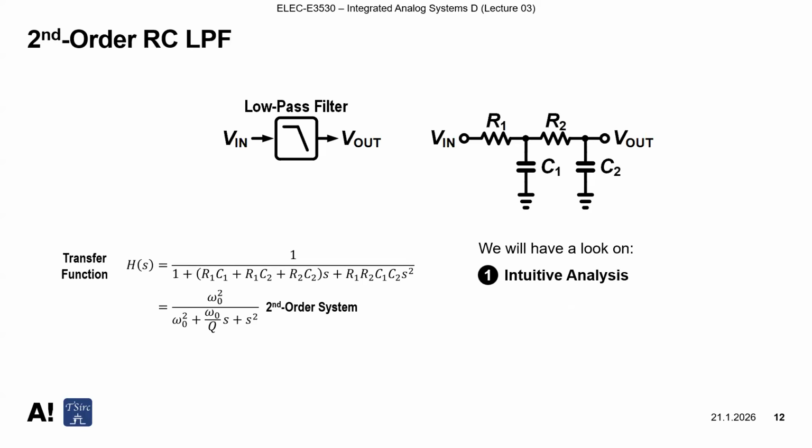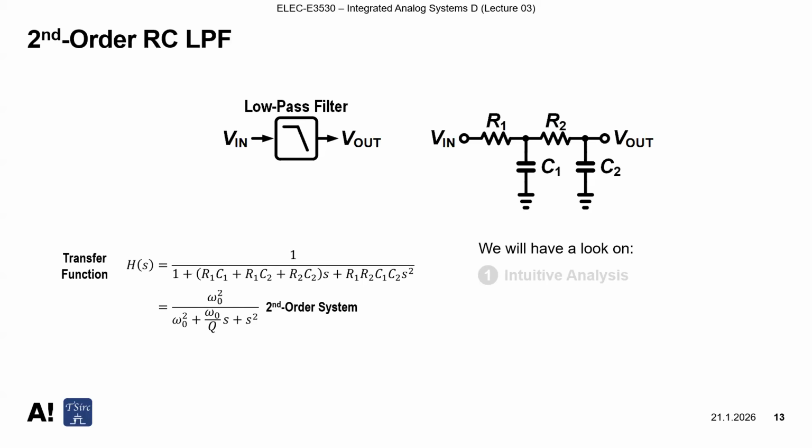So we will have a look at the intuitive analysis. Indeed, it will be skipped because this is quite simple and there is no big difference from what we did in the previous lecture. We can also take s equal to 0, and the magnitude of s going to infinity. Then we can take C1 as open circuit or short circuit.